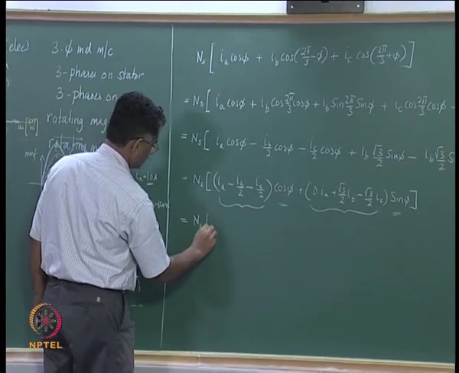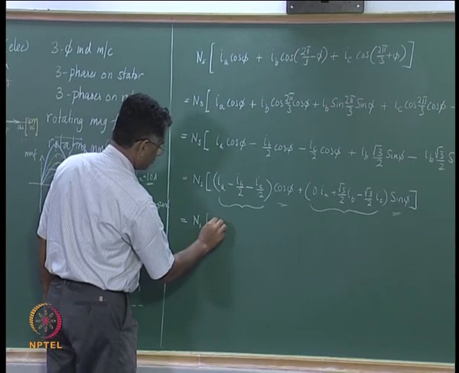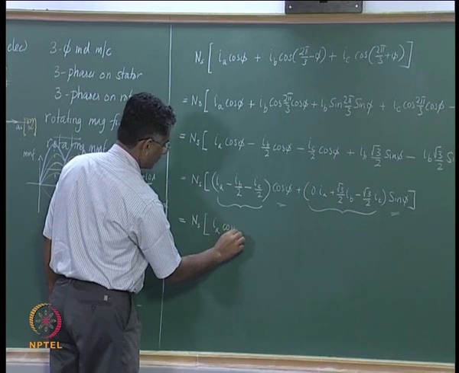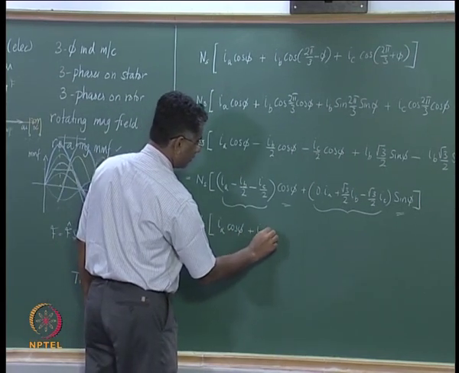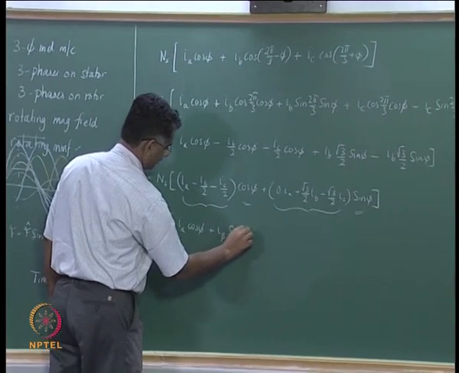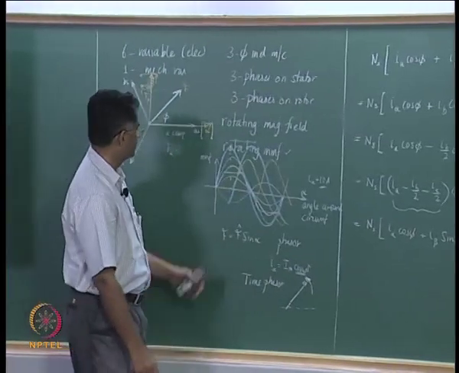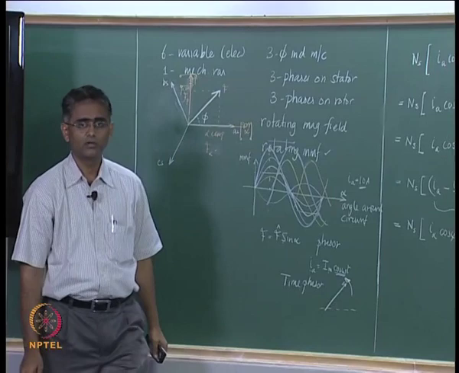and therefore we can say that this is equal to some Ns into I alpha cos phi plus some I beta sin phi, where I alpha is the current flowing here and I beta is the current flowing there.